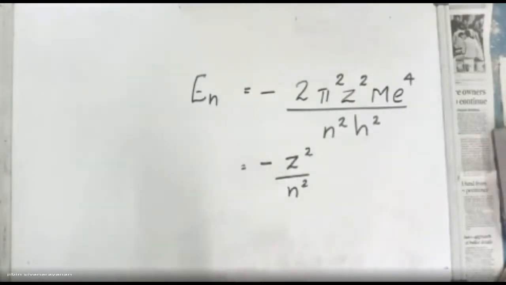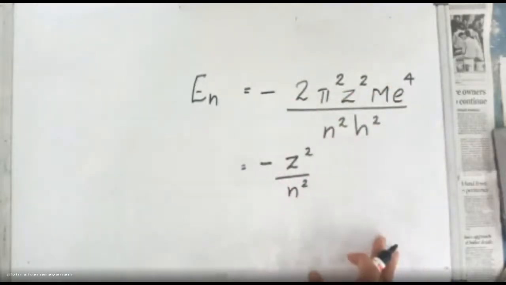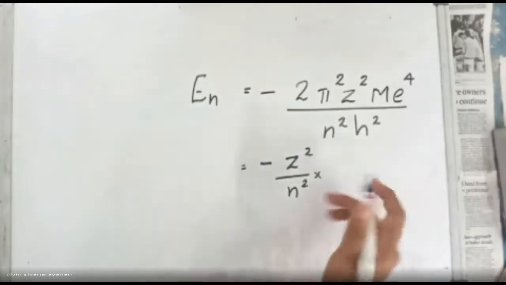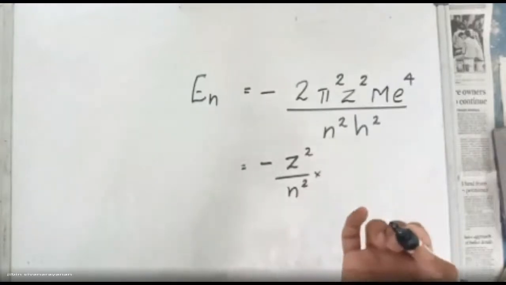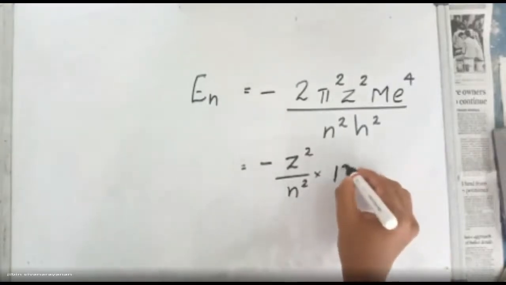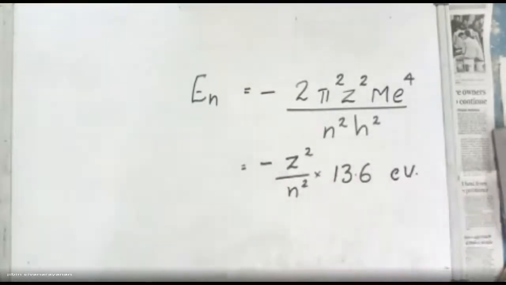As the units vary, this constant's value should also vary. If I want this energy term in terms of electron volt, that is the unit that we normally use, we have to use this 13.6. Now this is in electron volt.